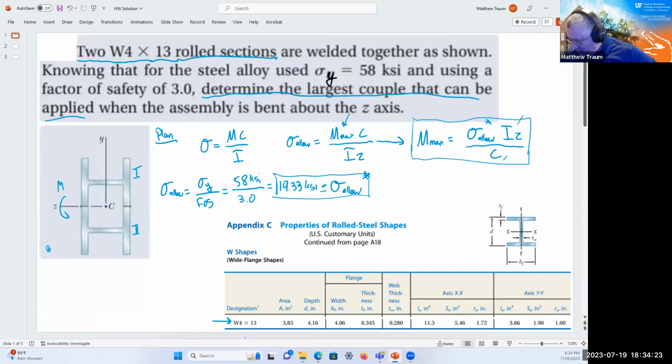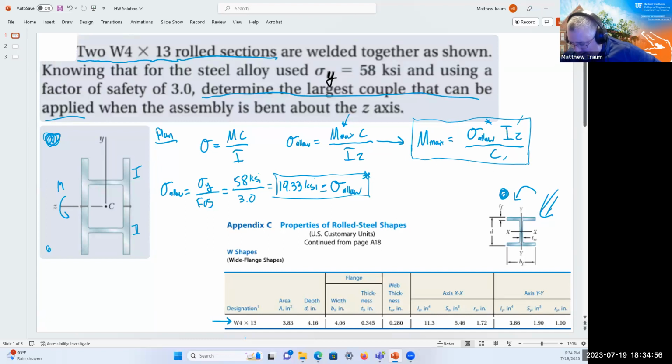The table is set up for an I-beam in the shape of an I, and we've rotated it 90 degrees to get the shape of the letter H, with two of them welded together. So I've got to work out what it means when they talk about a couple around the Z-axis, or bending around the Z-axis in this figure, relative to this chart and this figure.